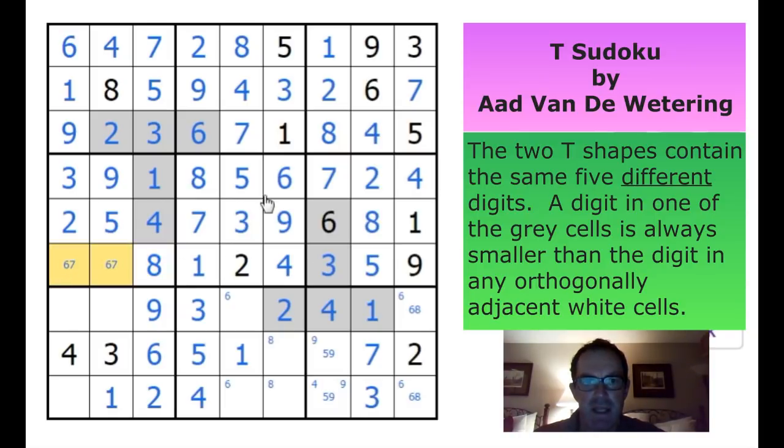Let's get rid of the 8's here. This is a 6. This one we can write in, hopefully, if I haven't made a mistake. That should be a 7. We need 5 and 8 to complete the column. That looks like it's working to me.